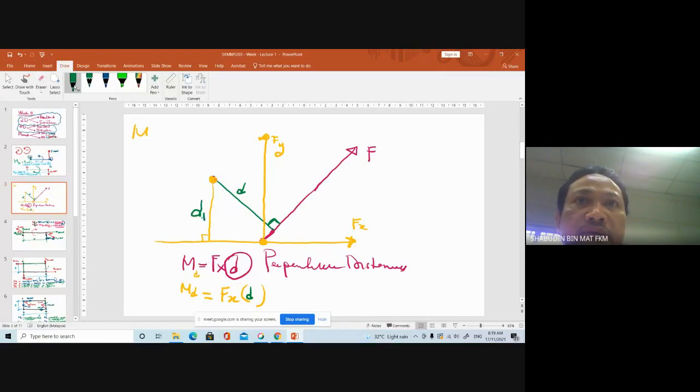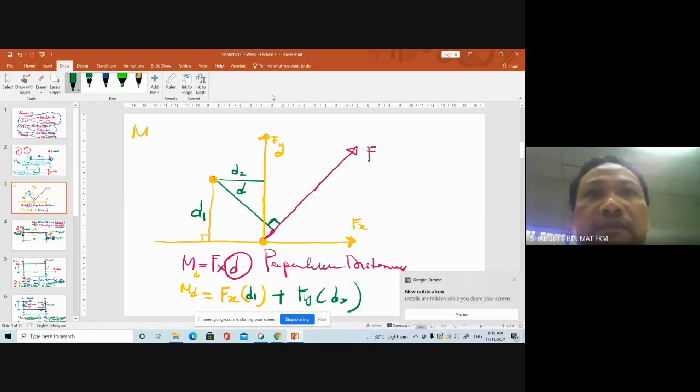Same thing for force 2. Regardless of where the moment started, it doesn't matter, but you need to get the perpendicular distance D2. Plus Fy multiplied by D2.